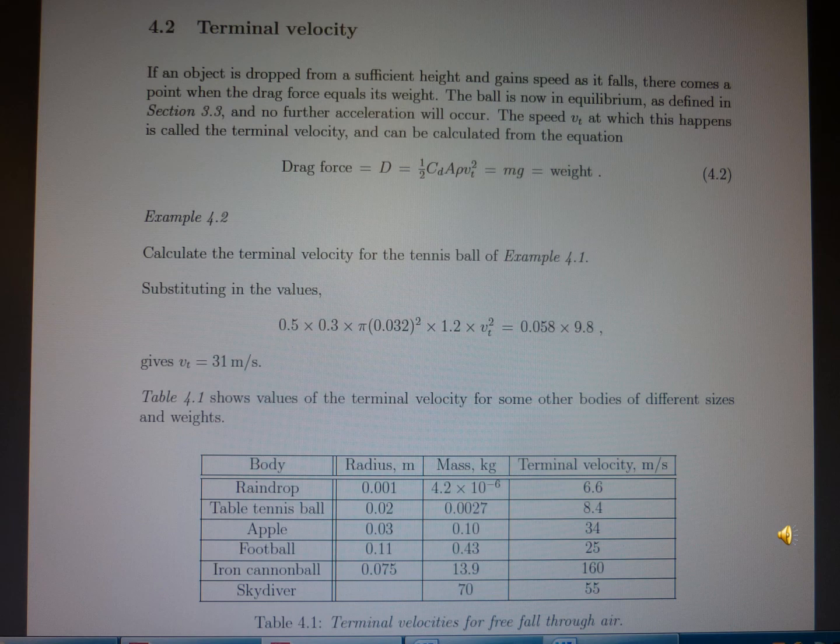The football radius is 0.11 meter and the mass is 0.43 kilogram, and the terminal velocity is 25 meters per second. The cannonball radius is 0.075 meter, the mass is 13.9 kilograms, and the terminal velocity is 160 meters per second. The skydiver mass is 70 kilograms and the terminal velocity is 55 meters per second. So this table shows the values of the terminal velocity for some other bodies of different sizes and weights.